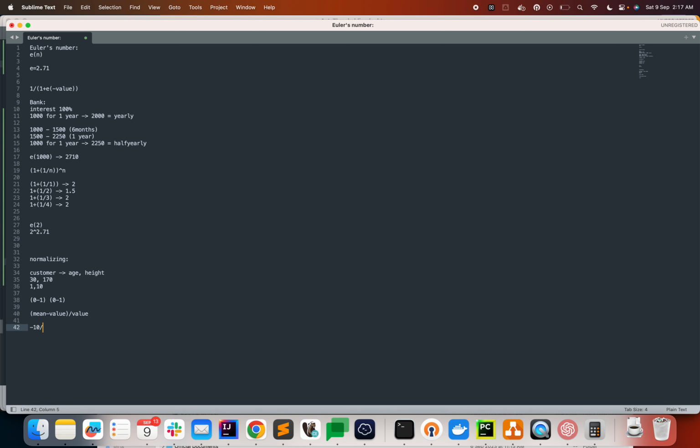Minus 10 divided by the value 170 is 1 divided by 17, which should be close to 0.01 or something like that, but it's negative. So what we are doing is making it 0 to 1 or minus 1 to 0. So it's anyway normalized between minus 1 and 1. This is the normalization I was talking about.